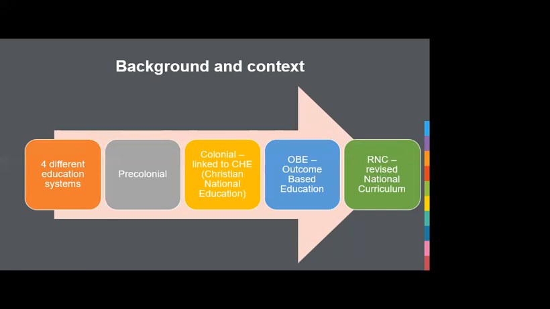Then in 1737, missionary education, which was linked to Christian national education, was established to entrench colonial values of Christianity and Westernization. With the emergence of the new democratic dispensation in 1994, the state introduced outcomes-based education, referred to as OBE, and then the revised national curriculum and Curriculum and Assessment Policy Statement, known as CAPS, in order to eradicate the values of apartheid in the education system.